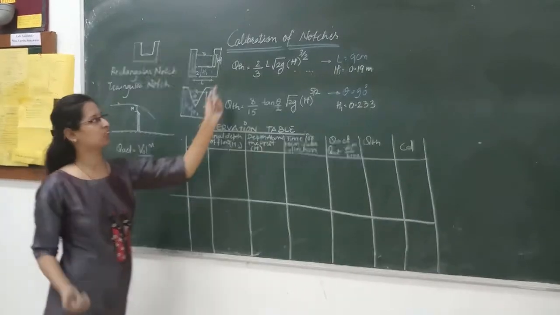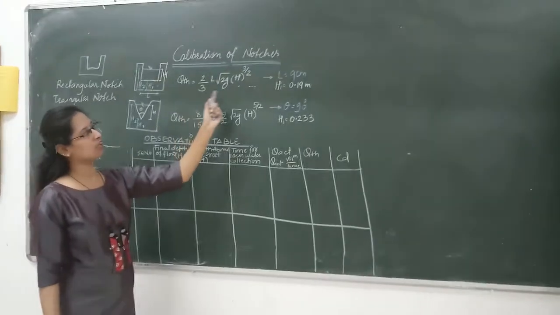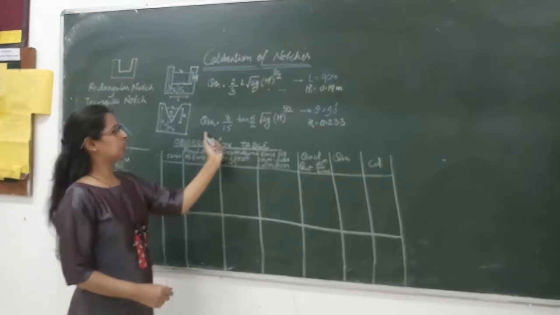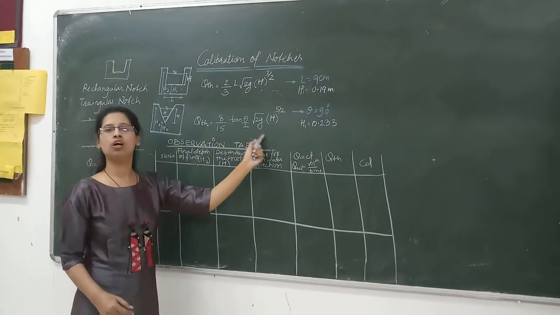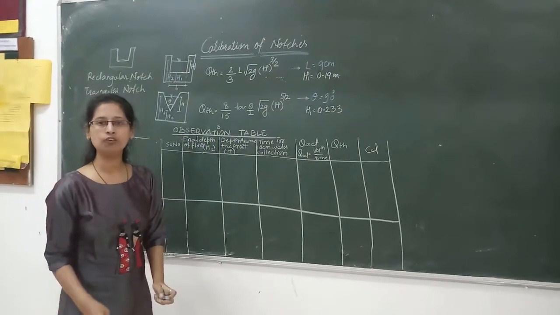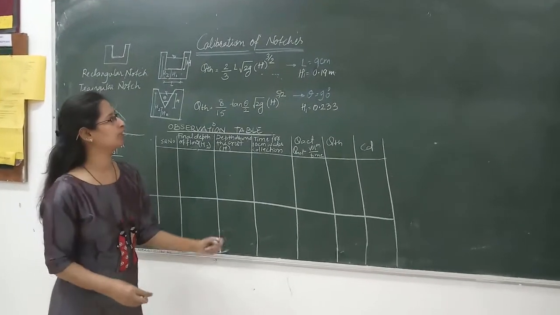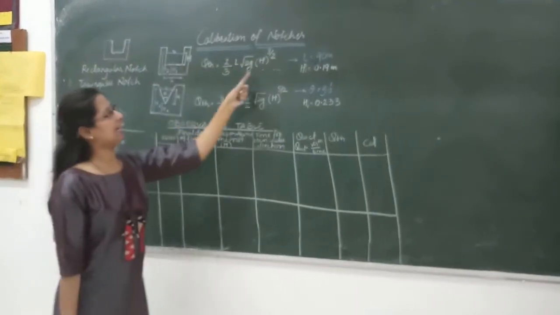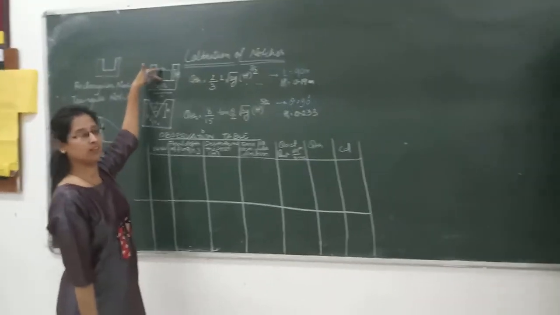The Q theoretical equation for the rectangular notch is represented in this manner. We have derived the equation in the class. Here, if we observe, only two parameters we need to understand: L, the length of the crest, and H, the height over the crest.